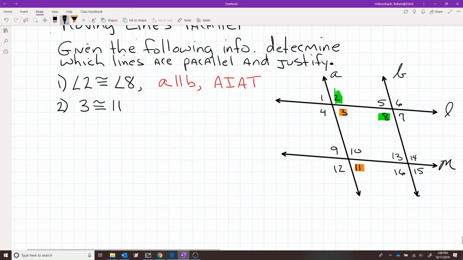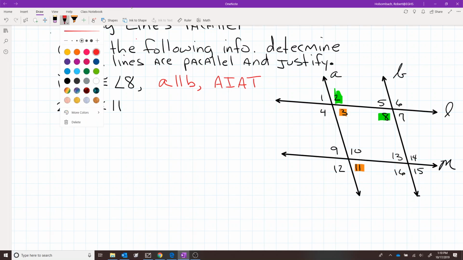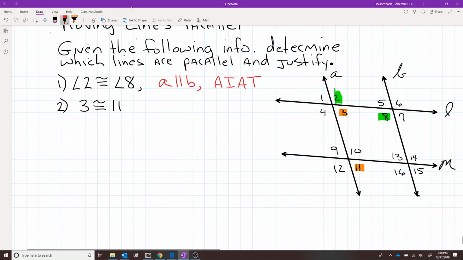They're in the same area, so we called that corresponding last week, right? So 3 and 11 are corresponding angles, which makes A the transversal. So that makes L parallel to M. And our justification is corresponding angles theorem.